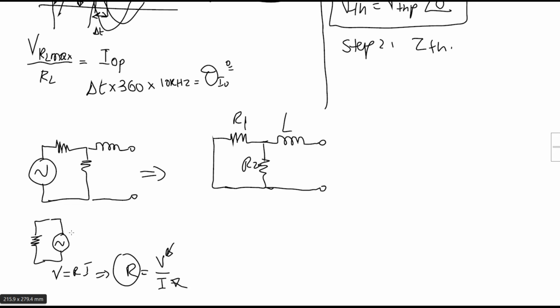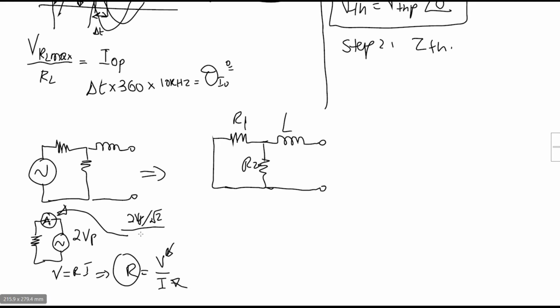Let's say, for example, we have 2 volts peak if we use an AC voltage. If we put a meter here, we can measure the RMS value of the current flowing through this resistor. So 2 volt peak divided by root of 2, to convert this peak to RMS, divided by the value shown by this ammeter.